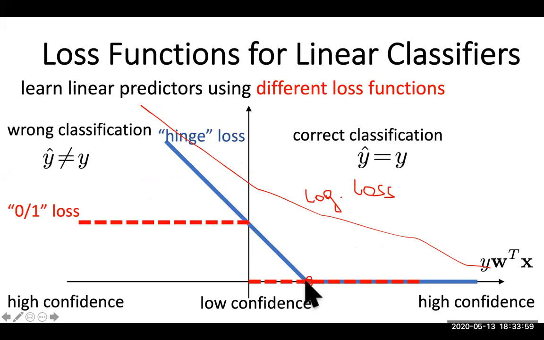It has a corner. Okay, then there is another loss function that is used often, which is called the 0,1 loss. So it has only 2 values, loss 1 for wrong classification, loss 0 for correct classification. How do you like this 0,1 loss function? How do you like the shape of the 0,1 loss?